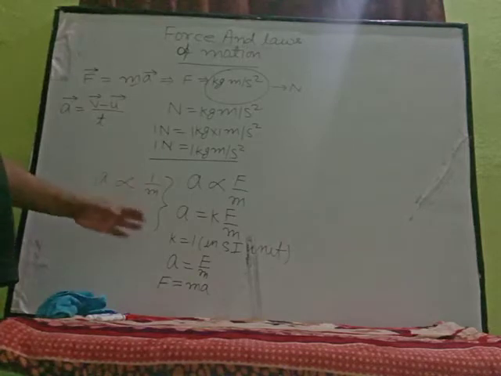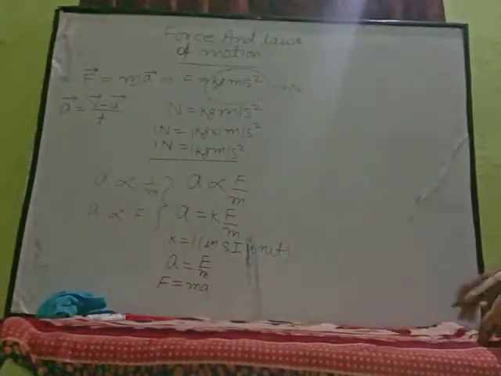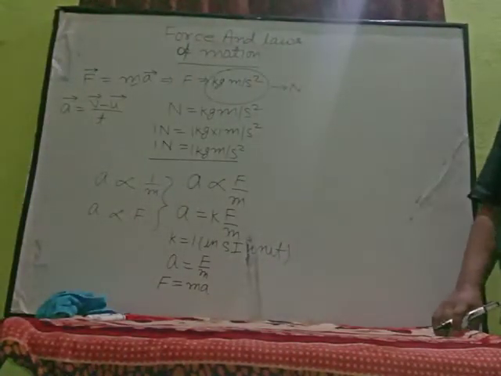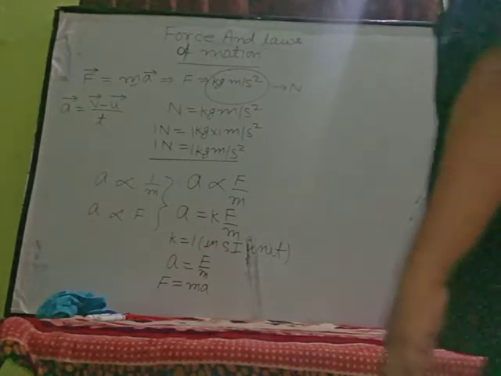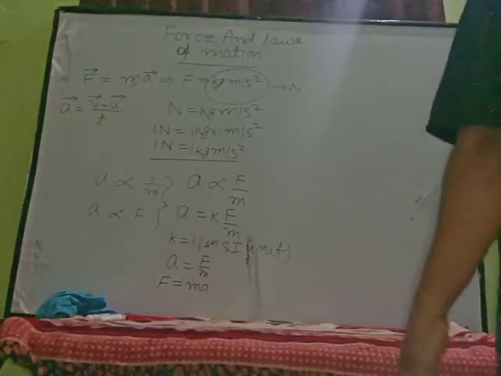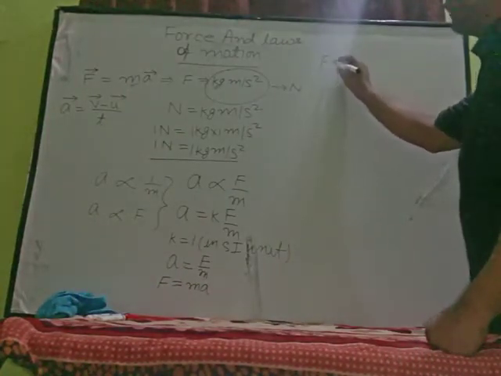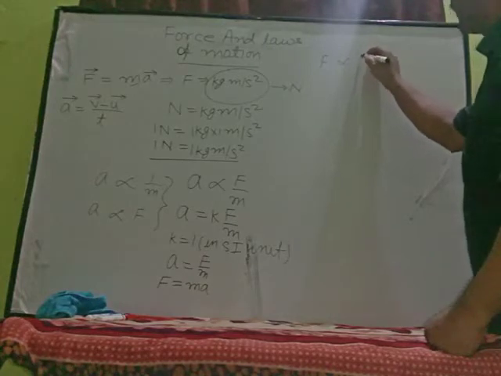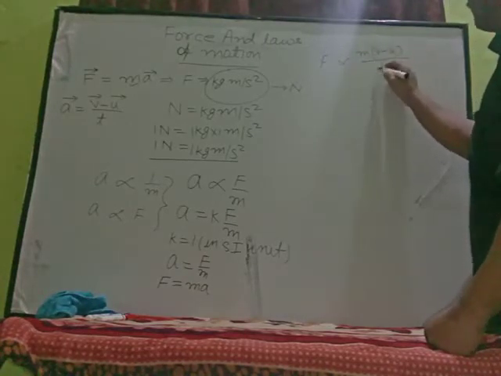This is an experimental explanation, but in the modern era we discuss on the basis of rate of change in momentum. See, rate of change in momentum is directly proportional to force.